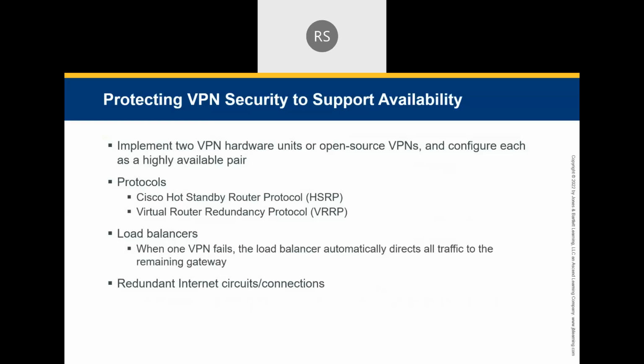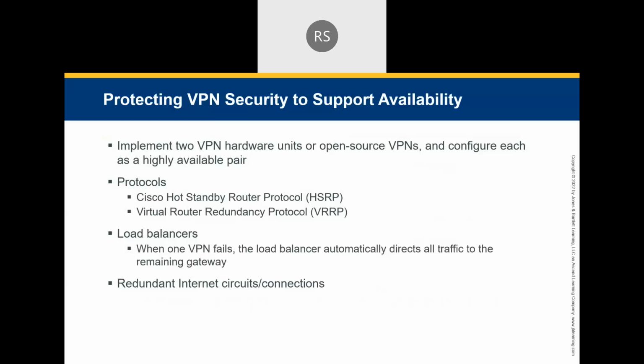You can deploy load balancers to distribute incoming VPN traffic across multiple VPN gateways. So when one VPN gateway becomes unavailable, the load balancer automatically redirects traffic to the remaining operational gateways. You can maintain redundant internet circuits or connections to ensure uninterrupted VPN connectivity.